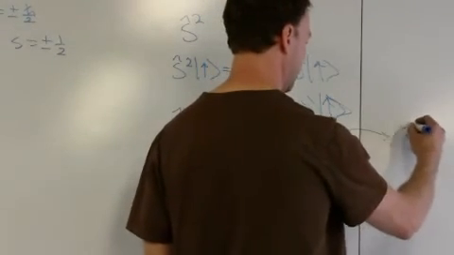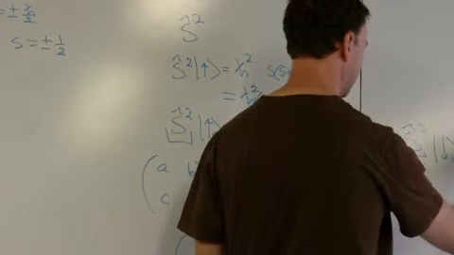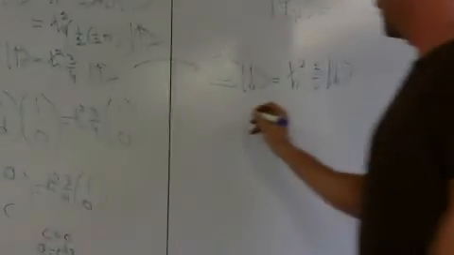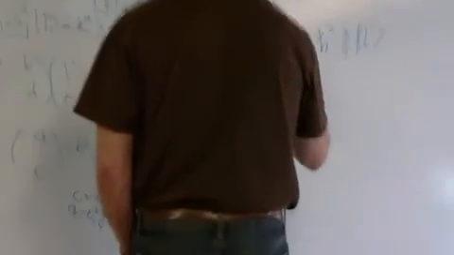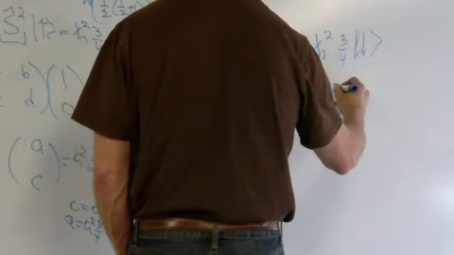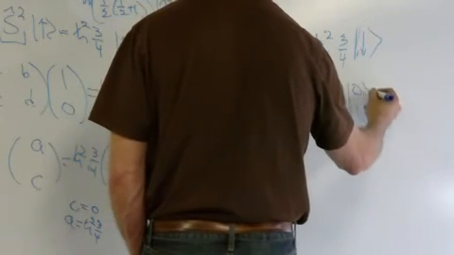I also know that S squared on down should give me the same thing. Or S squared times 0, 1 is equal to h bar squared 3/4 times 0, 1.